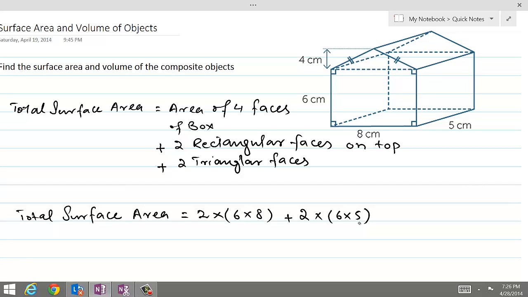Therefore, the total surface area on the 2 sides will be 2 times 6 times 5.